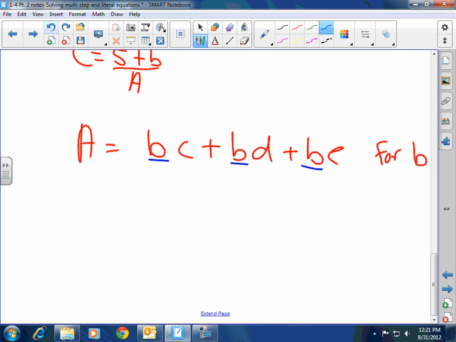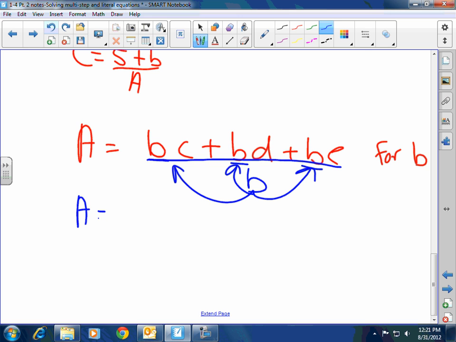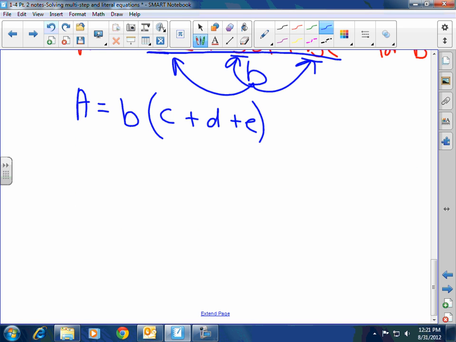Remember when we factor out a b, it's kind of like we're dividing by b, and that's going to this, this, and that. So when I factor out a b, I'm going to have a equals b that I factored out. bc divided by b is c, plus bd divided by b is d, plus be divided by b is e. Now, how do I get the b alone?